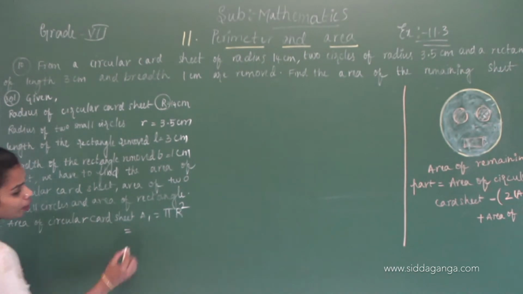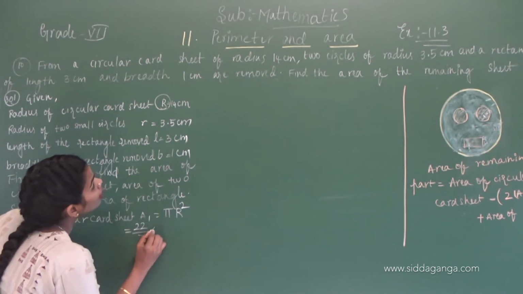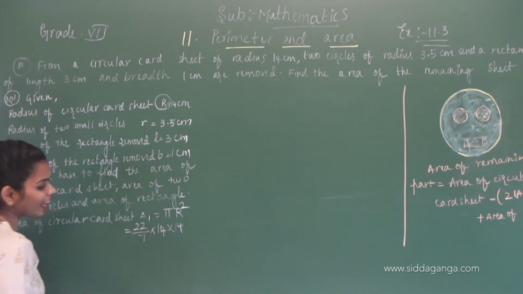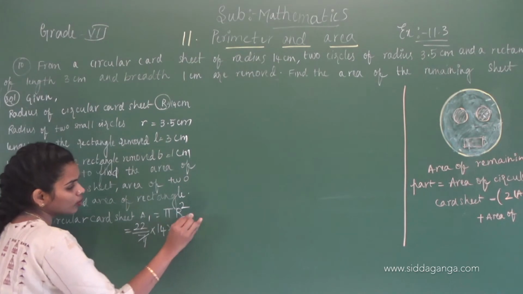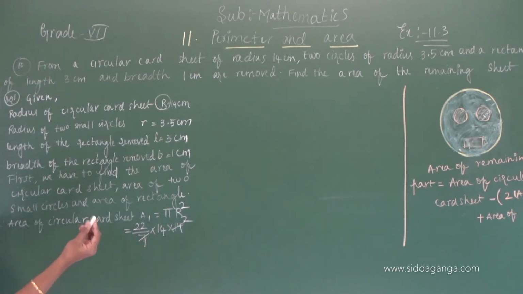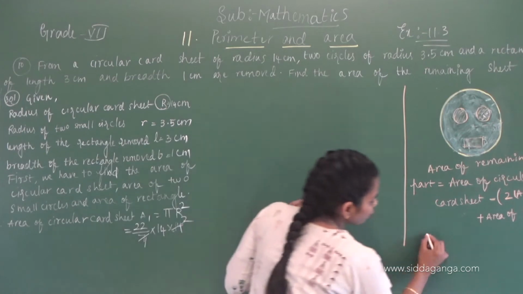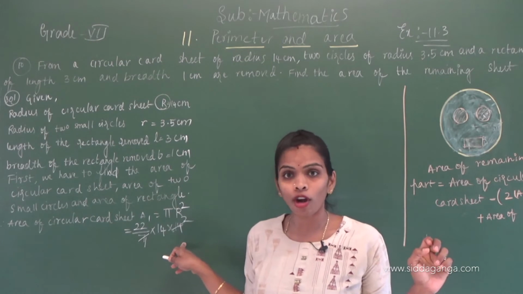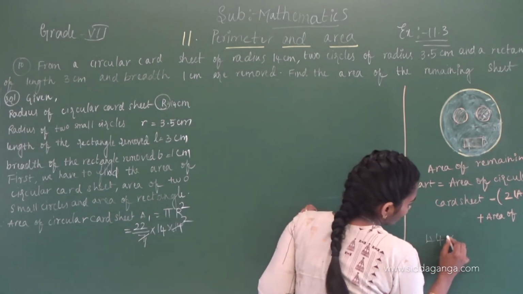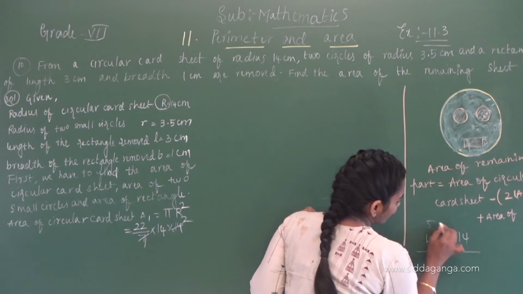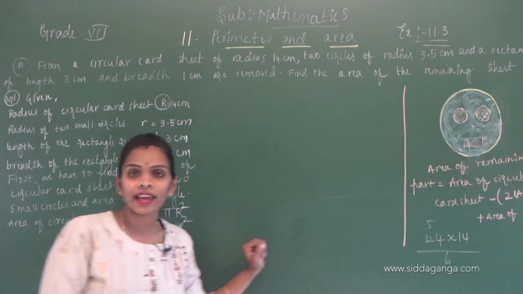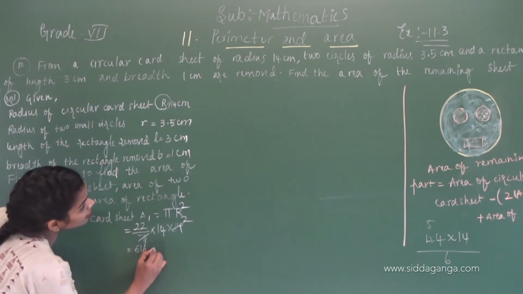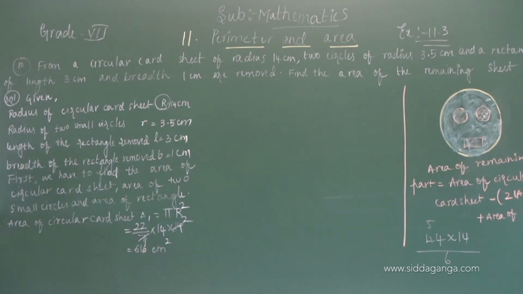Now I am writing 22 by 7 into 14 square, means 14 into 14. 22 into 2, 44. 44 into 14. 14 fours are 56. 56 plus 5, 616 centimeter square. Correct, children?